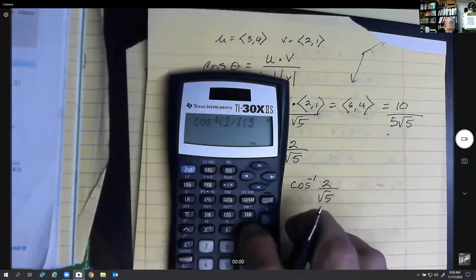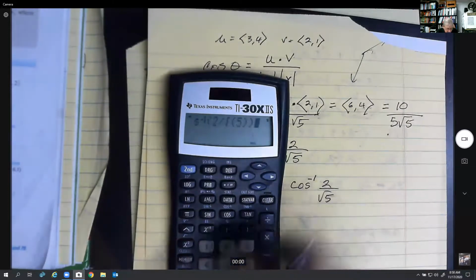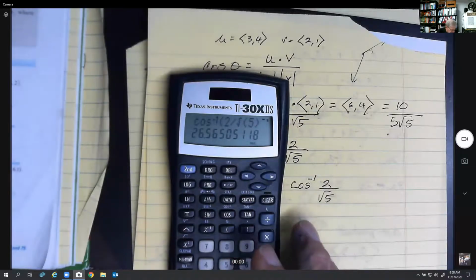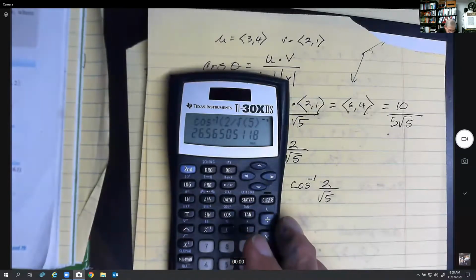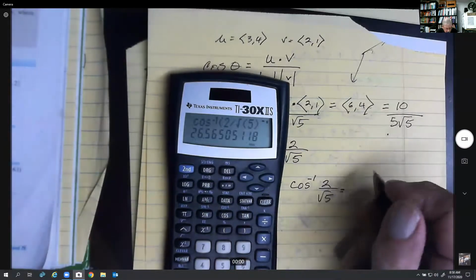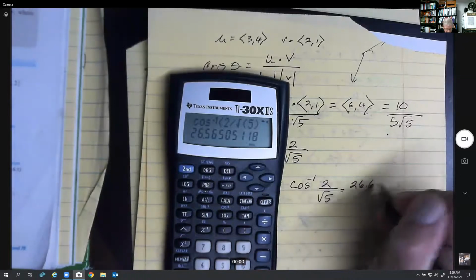I want to put that in parentheses like this, and another parenthesis to end it, equals 26.5 degrees. That's what I come up with, 26.57. They carried out quite a few decimals. I usually go to just one decimal point, so I would usually call this 26.6 degrees.